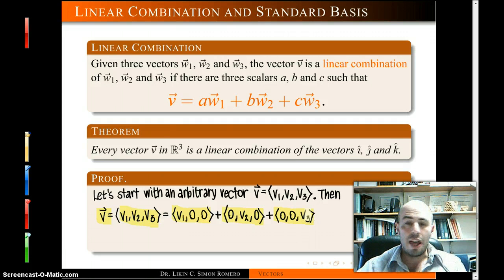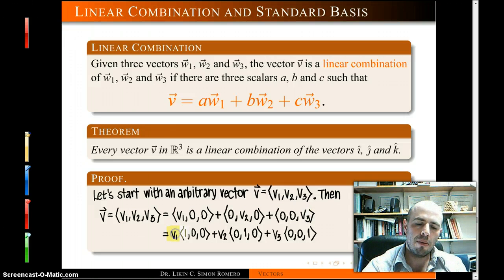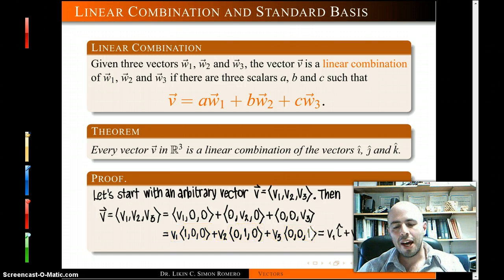Those three vectors add up to b. Taking the scalars out, that is the same as multiplying the scalar b1 by the vector 1, 0, 0, the scalar b2 by the vector 0, 1, 0, and the scalar b3 by the vector 0, 0, 1. That happens to be b1 i plus b2 j plus b3 k.